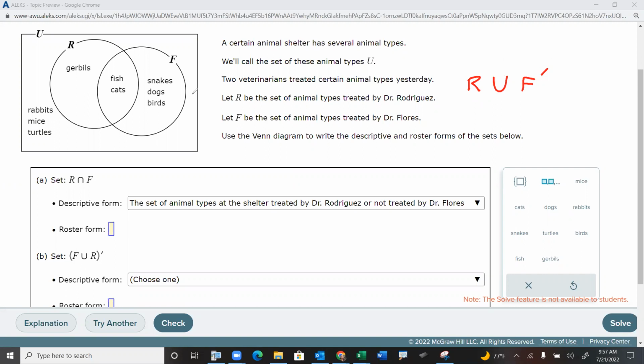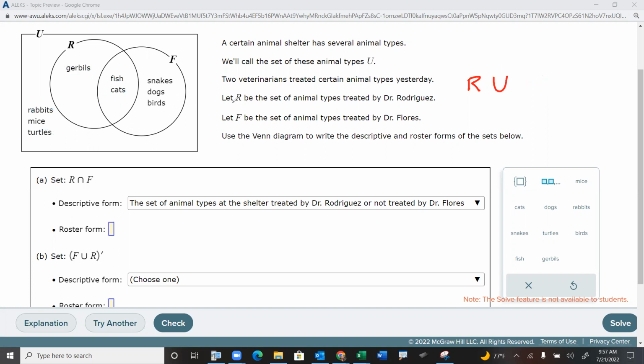And so that would be everything in R. But we would also want everything in F complement, so everything outside of F. And union means keep everything that's underlined, not just the intersection. The intersection would just be gerbils, but all of these guys right here, that would be it.